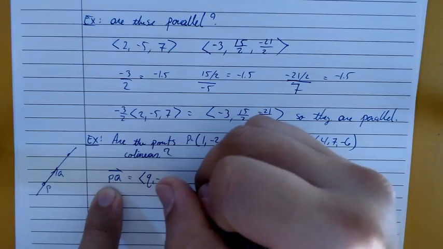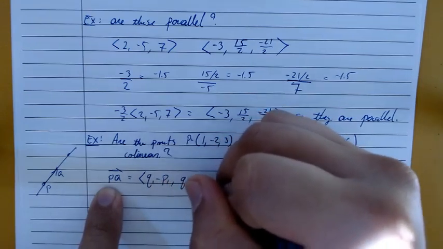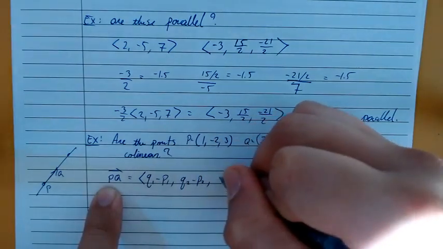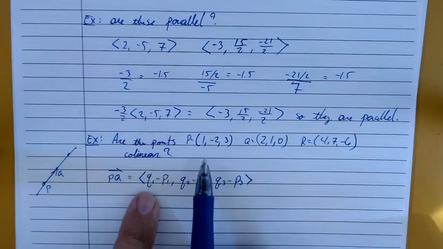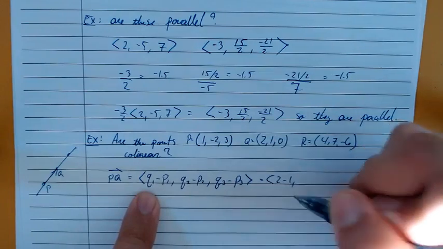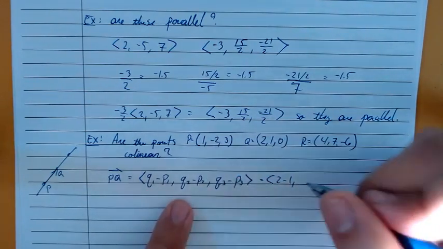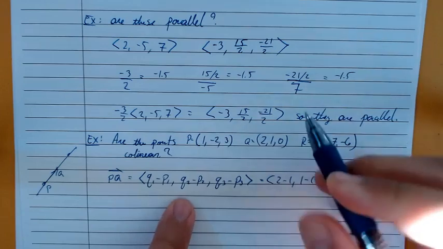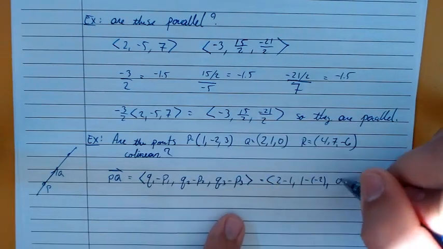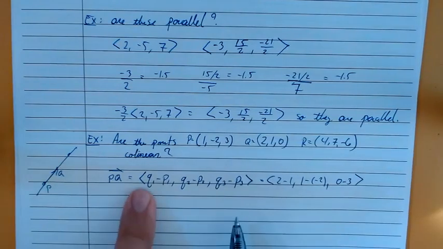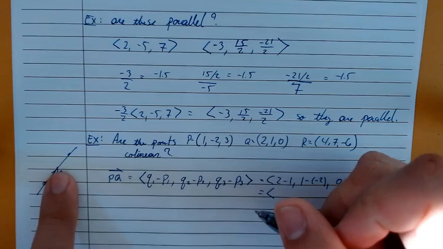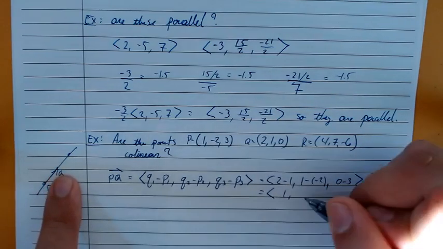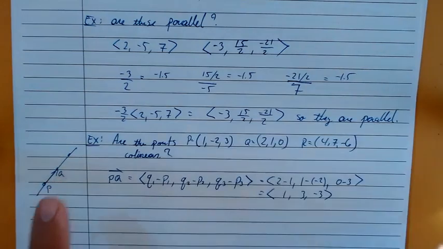I'm going to start at P. So Q2 minus P2 and Q3 minus P3. Okay, but we know those things, right? Q1, that's 2 minus 1. And then 1 minus a negative 2. And then 0 minus 3. It's always endpoint minus initial point. All right, so that means that this vector from P to Q is 1, 3, negative 3. Just like that.